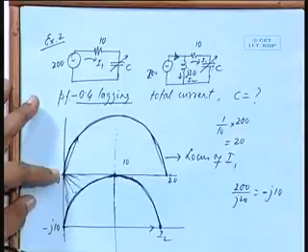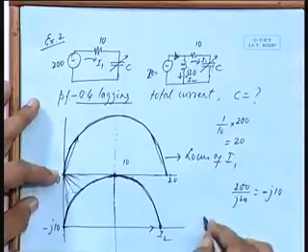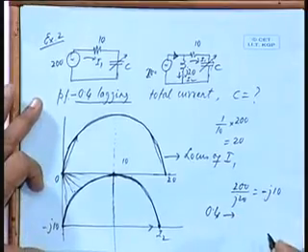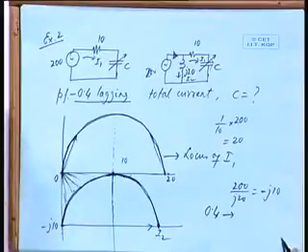For 0.4 lagging power factor, what is the angle? Cos inverse of 0.4, whatever that angle is. How much is it? Approximately 75 degrees.